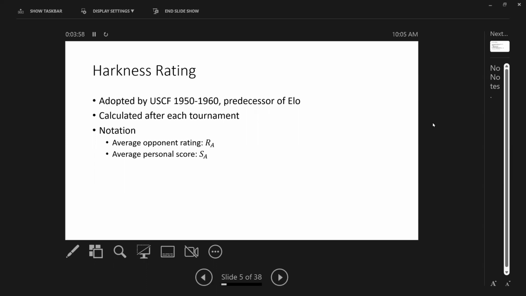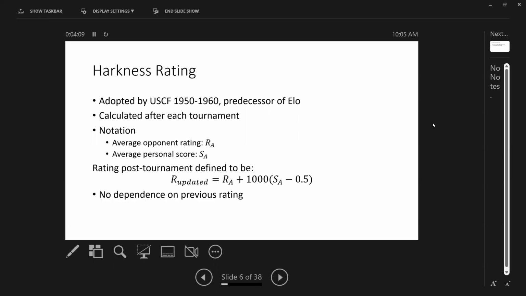Notice that S sub A, being an average of scores, is between 0 and 1. And here is how the rating is calculated. We do not even consider the initial rating of the player. Instead, we just take the average rating of the opponents, which will be the basis for your new rating post-tournament.